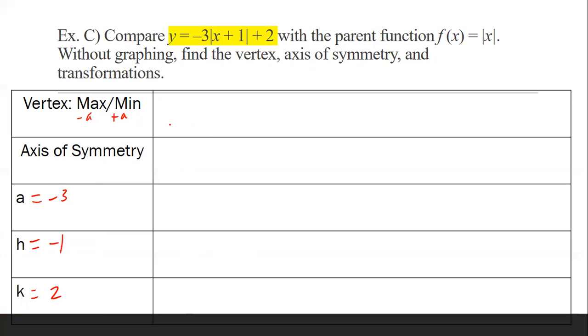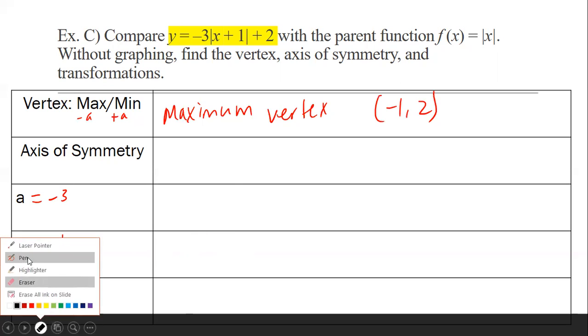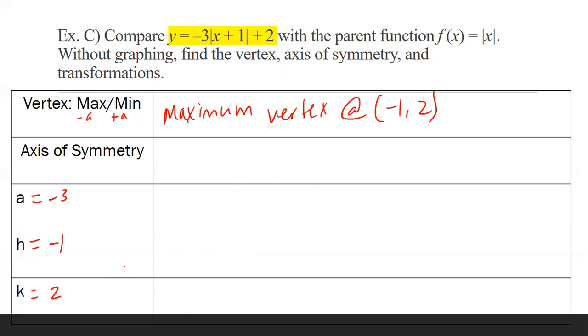So that means we have a what? A maximum vertex. So we have a maximum vertex at what? Our H and our K. -1, 2. Good job. That's the worst at symbol I've ever drawn. Let's try that again. That's better.